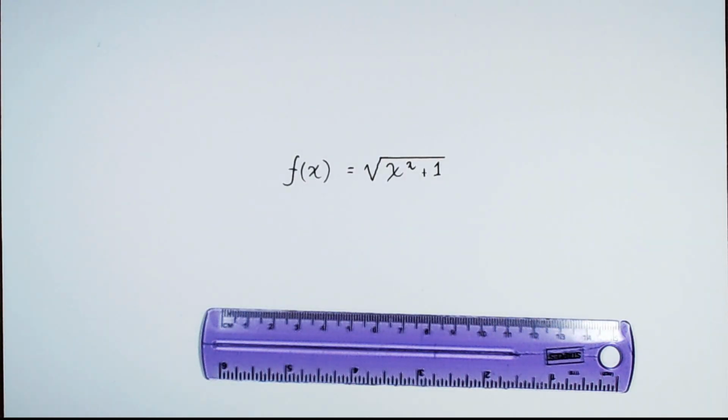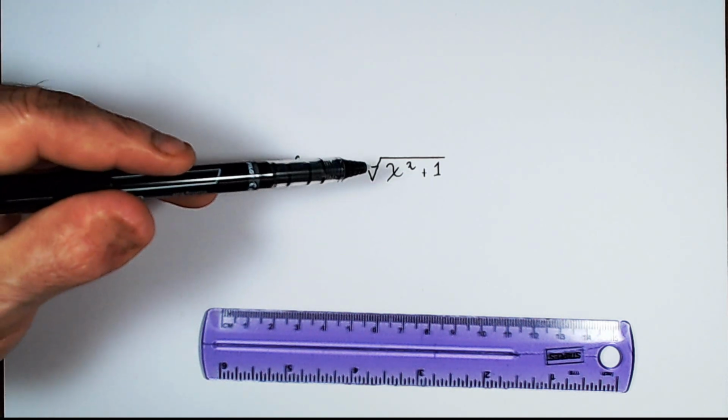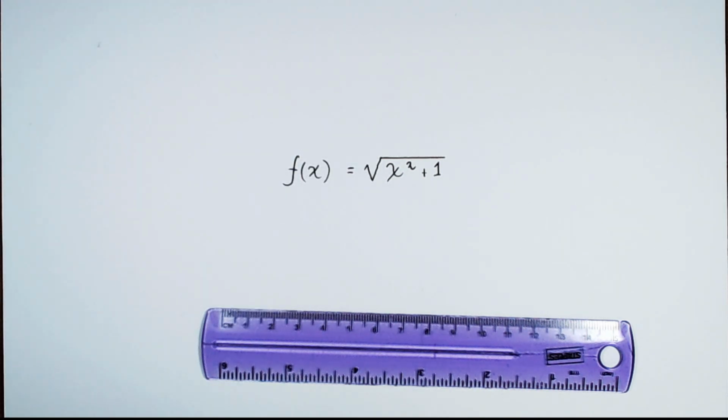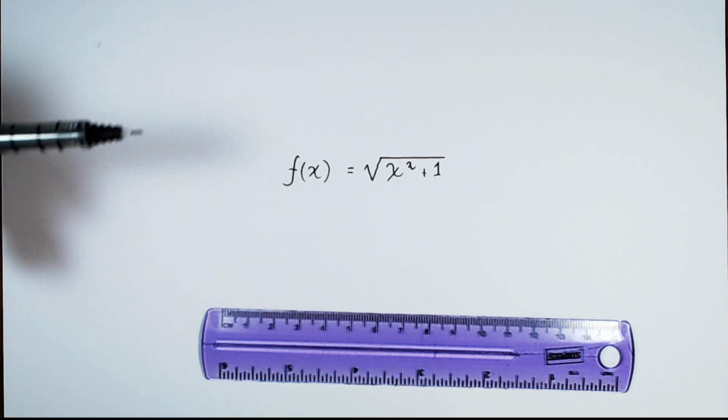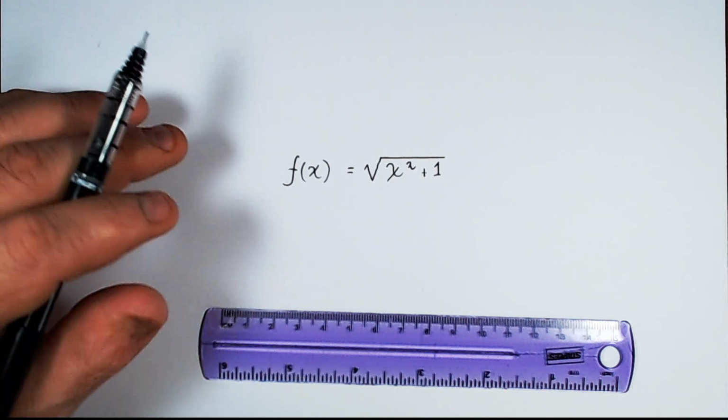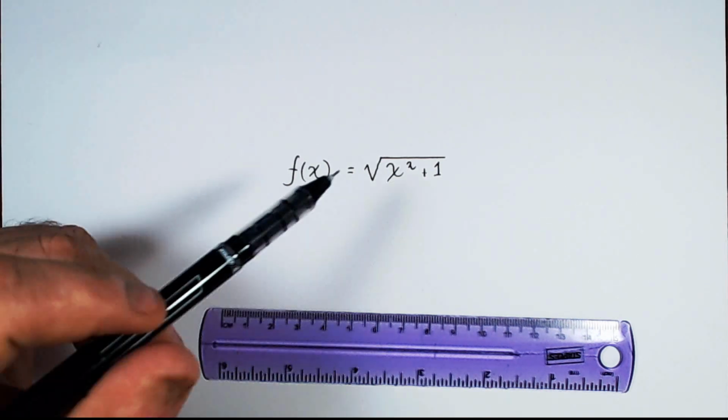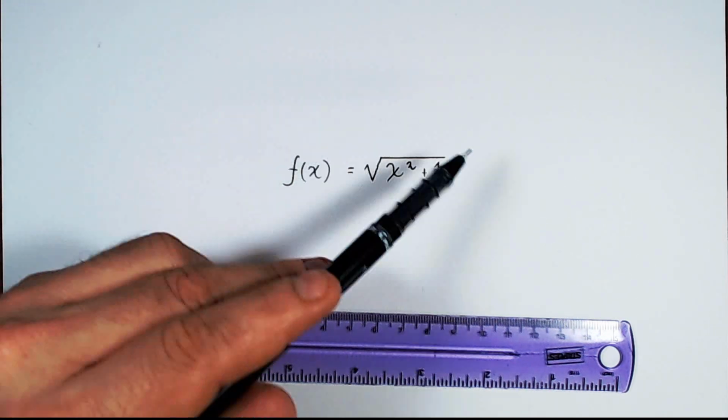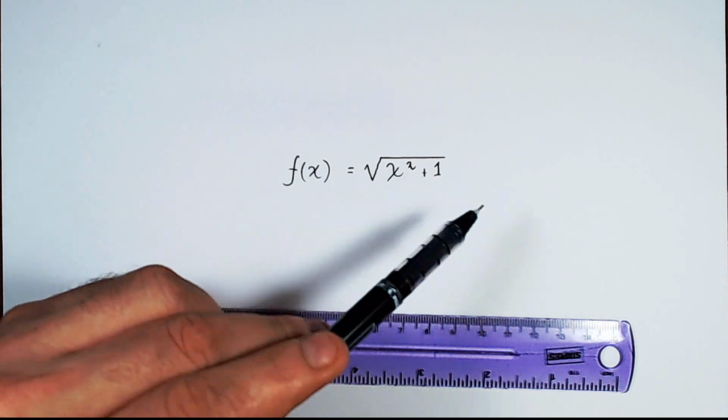And you are asked to differentiate this with respect to x. So df of x dx, or dy dx, of this function here, the square root of x squared plus 1.